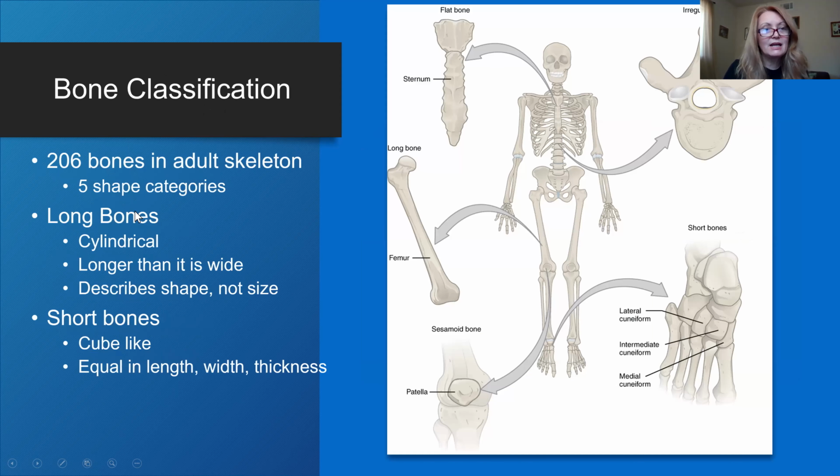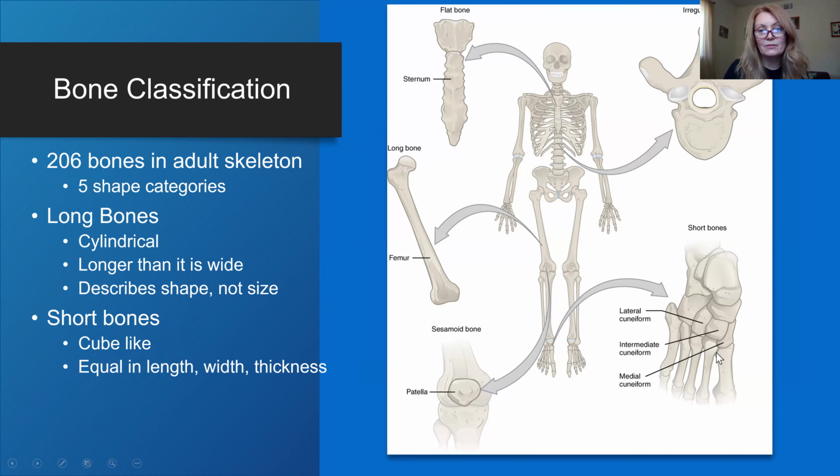Okay, so we have 206 bones in the adult skeleton, and those bones are divided into 5 shape categories. The first category is long bones. Those are cylindrical, they're longer than they are wide, and long bones describe shape, not size.